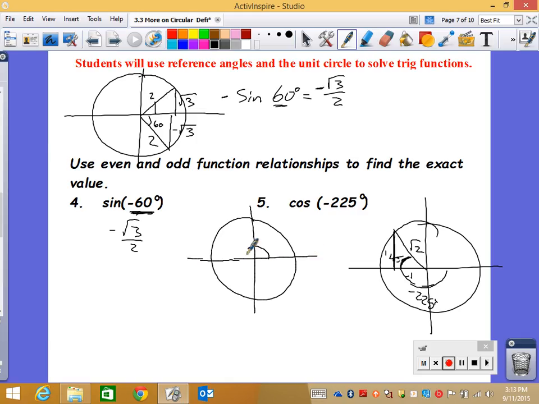Going around the positive direction, we end up in the third quadrant. Well, I draw my special triangle again. We also have a 45-degree reference angle. So my side lengths are going to be negative 1, 1, and a positive square root 2. My apologies, a negative 1 going in the y direction.